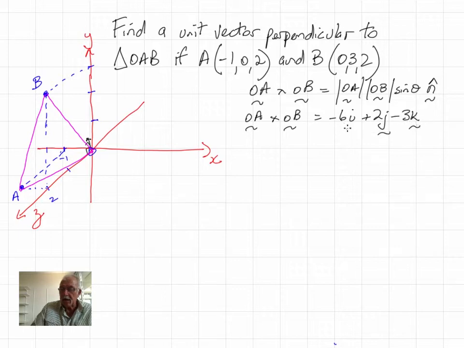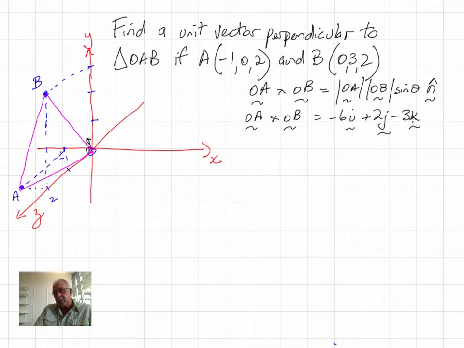When we calculated this cross product using the determinant of a matrix, we got this as a vector. Now that's certainly a vector that is perpendicular to OA and OB, so if it's perpendicular to both those two lines, it must be perpendicular to the whole surface of triangle OAB.